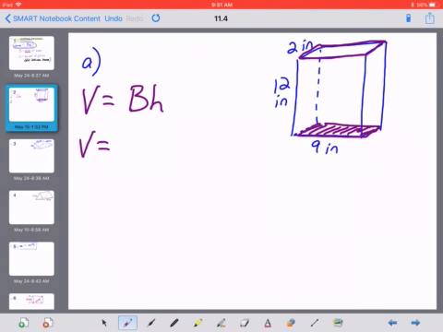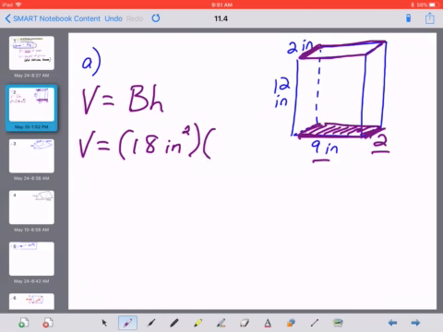So then, volume would equal, all right, remember now that capital B means area of the base. We know that this side of the rectangle is 9. This side over here, which is parallel to this one right up here, is still going to be 2. So we'd multiply the 9 by the 2 to get 18 for the area of that base. Now, we just multiplied inches times inches, so our area right there is technically 18 square inches.